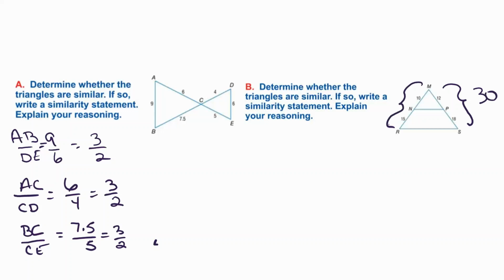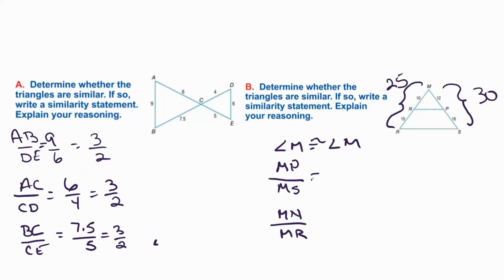And this side length here is 10 plus 15, which is 25. We know that angle M is congruent to angle M. Both triangles have angle M in them. So we want to see, is MP over MS the same as MN over MR?